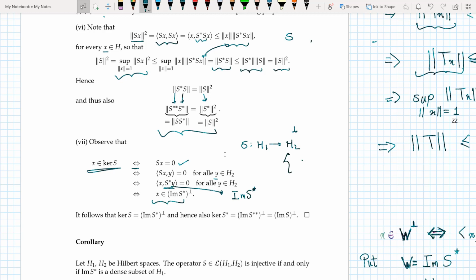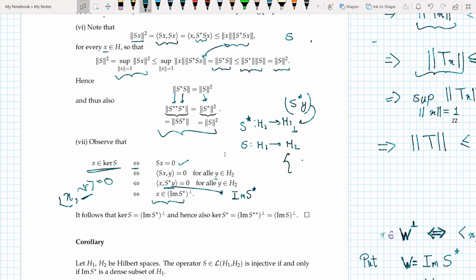S star goes from H2 to H1, so the image of S star gives me some element in my space H1. And now if I take the inner product of x with any element in my space H1, and if it gives me 0, then x must belong to the perp of that set.